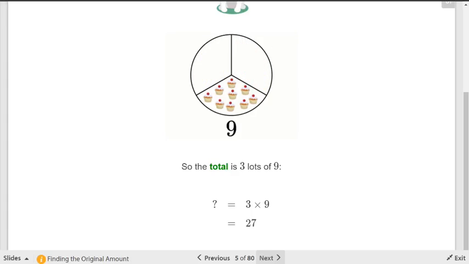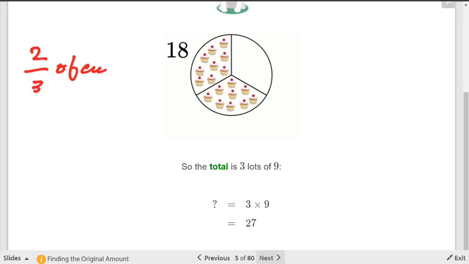Right? So, now, you've got to be careful about what it is you're missing. Again, remember, this time we were missing the number of cupcakes. Right? The number we're taking a fraction of. This is called the original number.